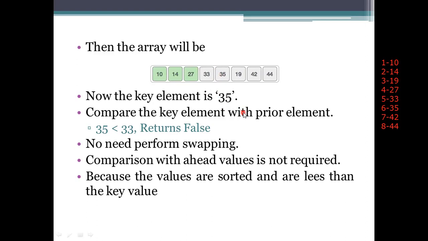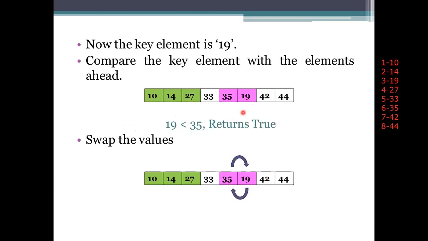Okay. So here the values we are using will be less than the key value only. Then there is no need to perform any actions here. And coming to the next one, 33 and 35 remain at their place only, and the element here is 19.